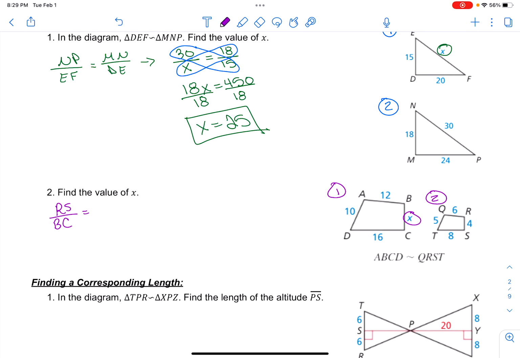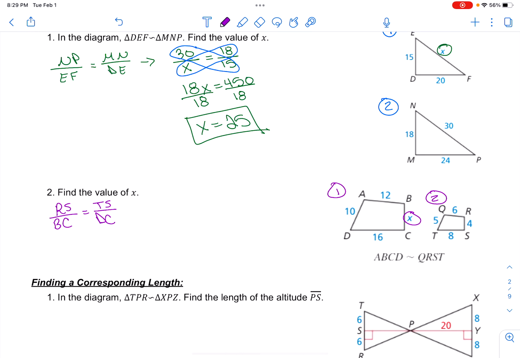And then we just pick two other sides that are in the same space. So you could do AB and QR, DC and TS, DA and QT. I'm just going to pick DC and TS. So TS was my shape 2, so that goes on top.